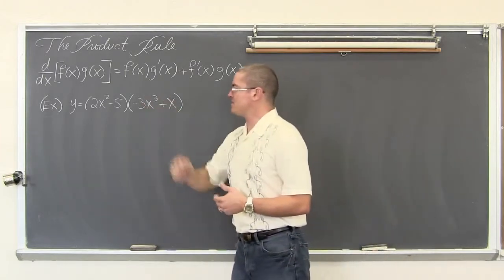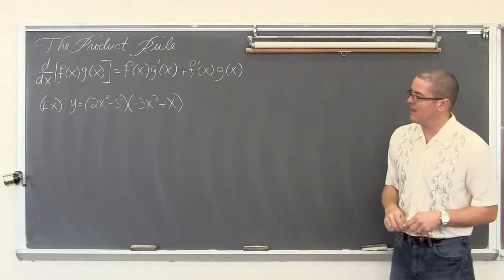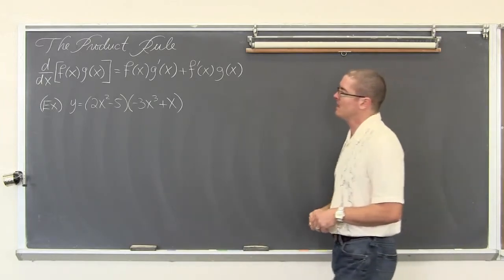So we have y equals 2x squared minus 5 times negative 3x cubed plus x.